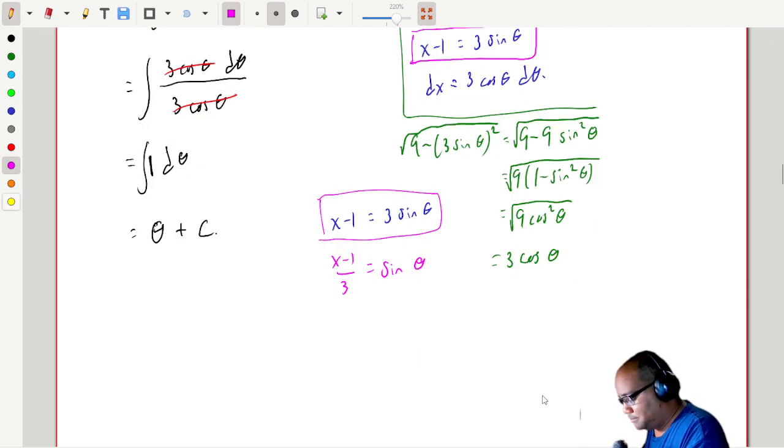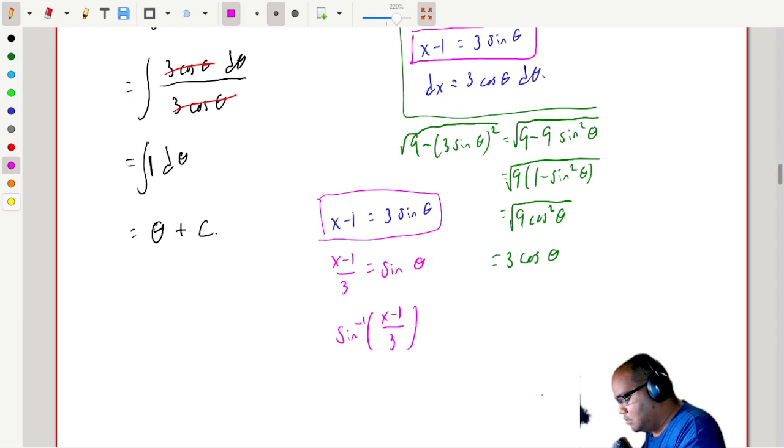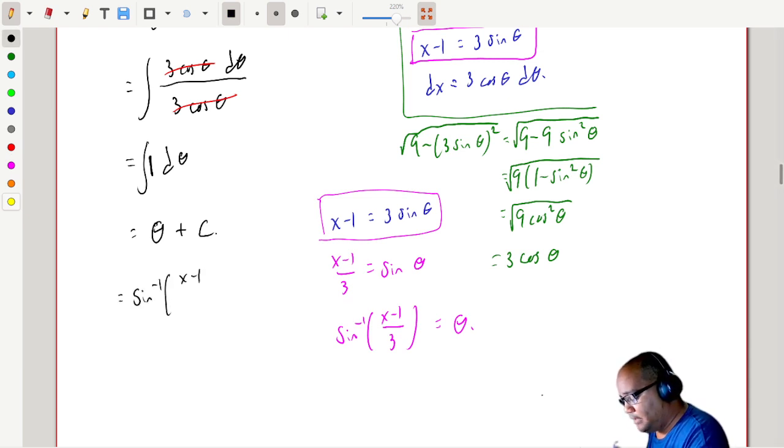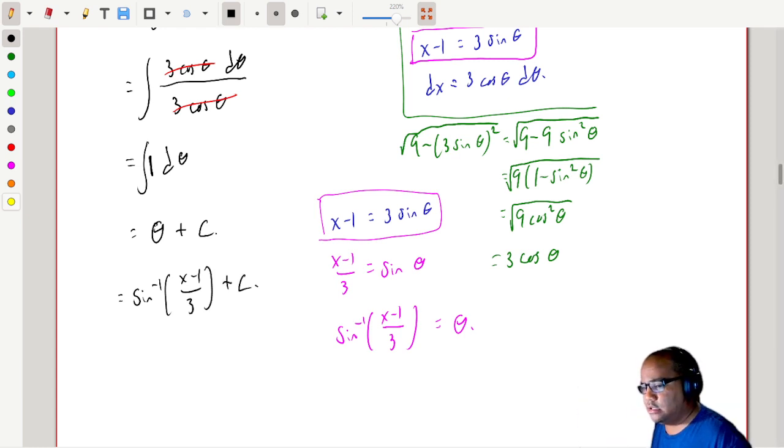If I take the arc sine of both sides, the inverse sine, this is what I have. So, folks, our antiderivative is inverse sine of x minus 1 over 3 plus a constant. And that's it.